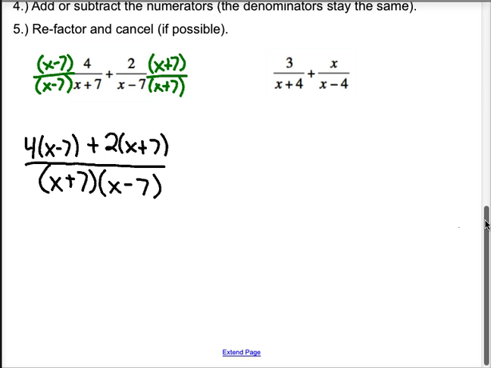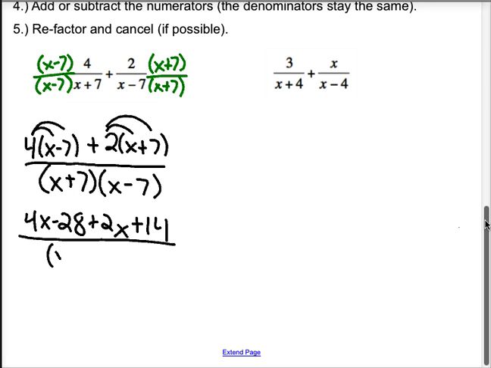And now that I've done that, now I'm ready to start simplifying this. Well, by simplifying it, I can distribute that, so I can get 4x minus 28, and then plus 2x plus 14 over that common denominator.